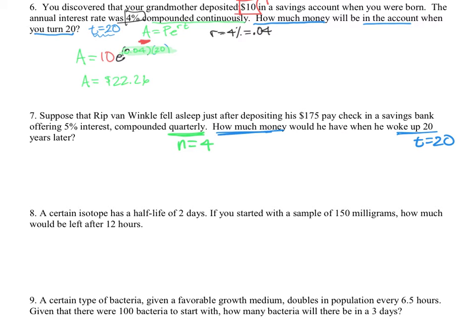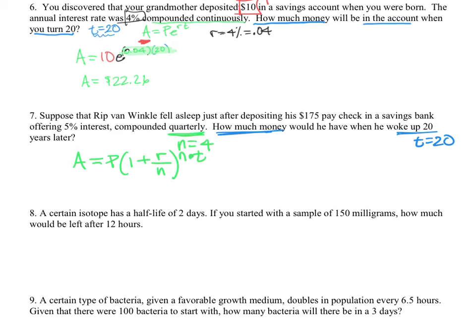Let me go ahead and write out the calculation on this. It would be our present value times 1 plus r divided by n, raised to the n times the time. So what all do we know here?